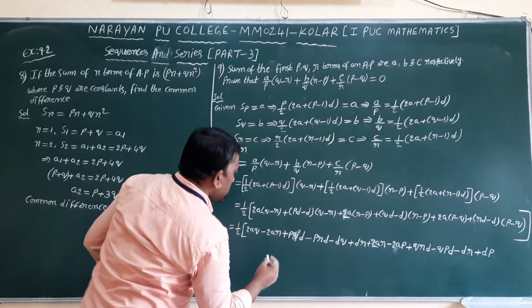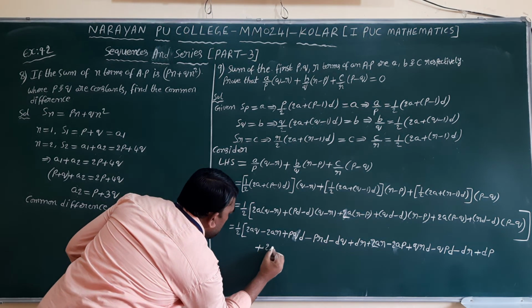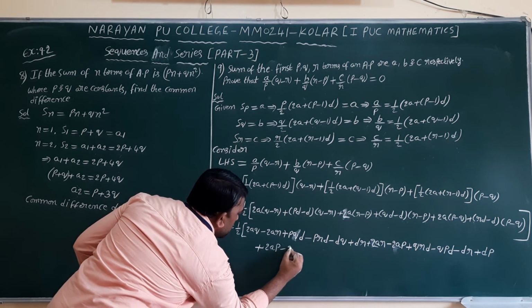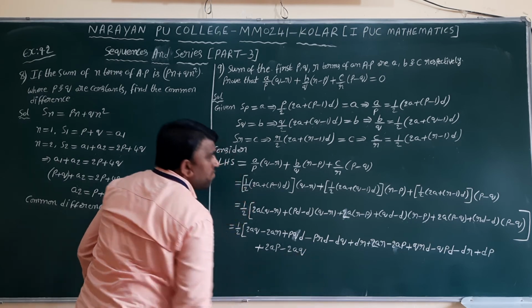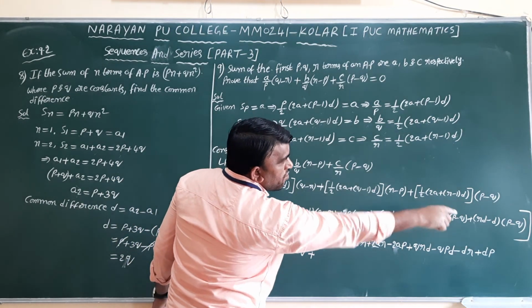Next the last one, 2a into p minus q is 2ap minus 2aq, plus rd minus d into p minus q.